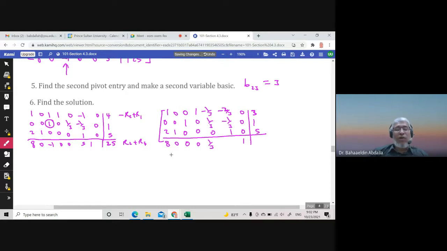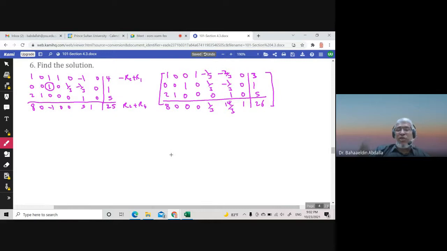Negative 1 over 3 plus 5, 14 over 3. 1 plus 25 is 26. And we reached now a final matrix because all the indicators are positive, and we can read the solution.